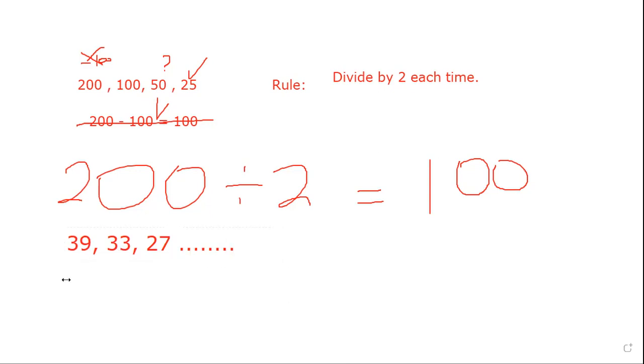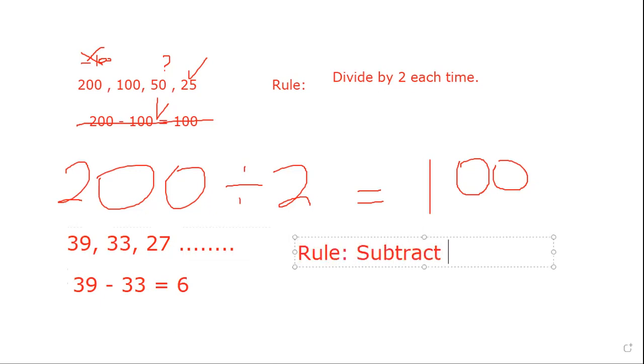What is the first thing we have to do? 39 minus 33 equals what? 6. Now, 39 minus 6 equals 33, minus 6 is 27. Why am I subtracting? Because it is decreasing. So therefore, our rule here is subtract 6 each time.